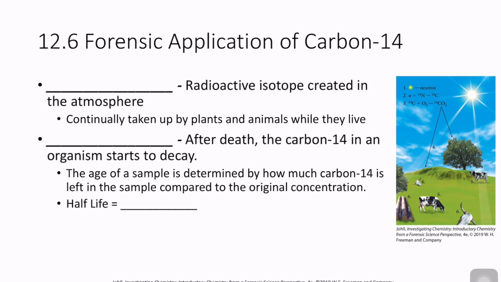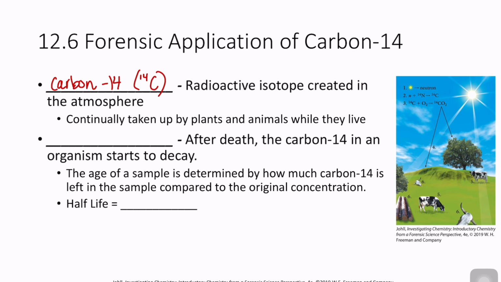In forensic chemistry, we can use carbon-14. Now, carbon-14 is a radioactive isotope of carbon, and this can be a very useful radioactive isotope because carbon is literally in almost everything that comes from the earth, and it is created in the atmosphere. Now, carbon-14 is continually taken up by plants and animals while they live.